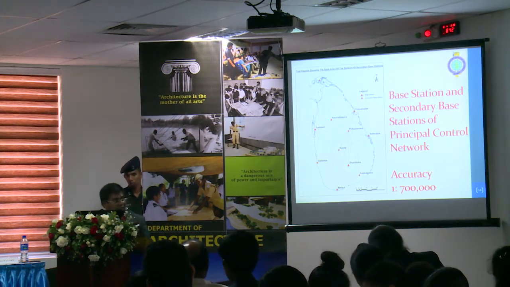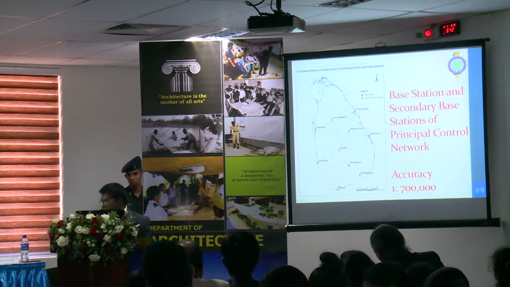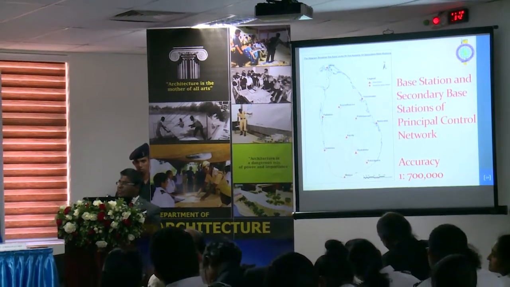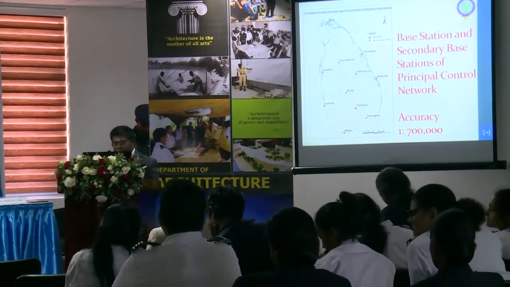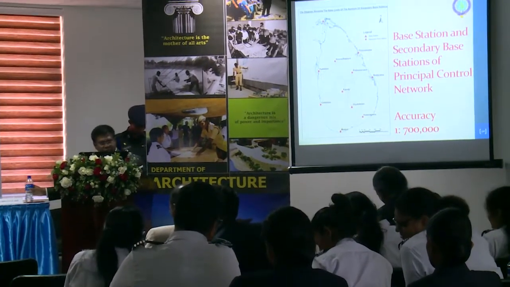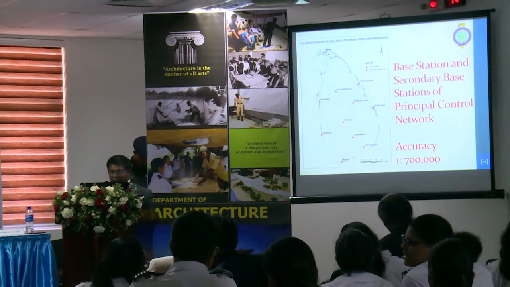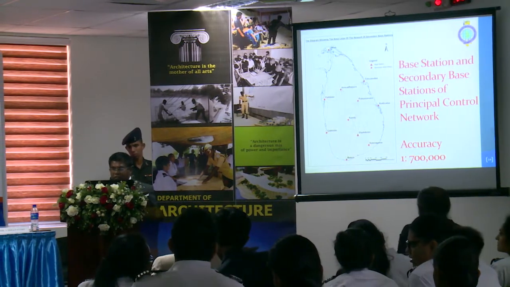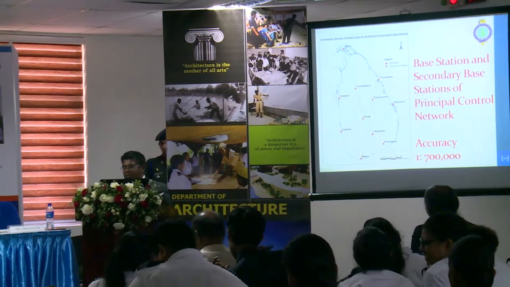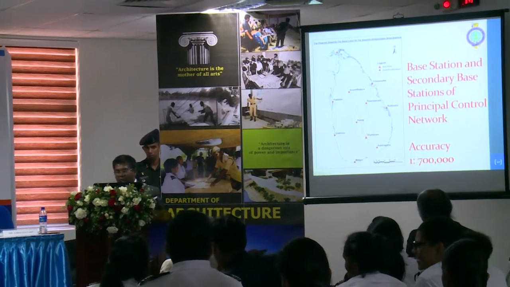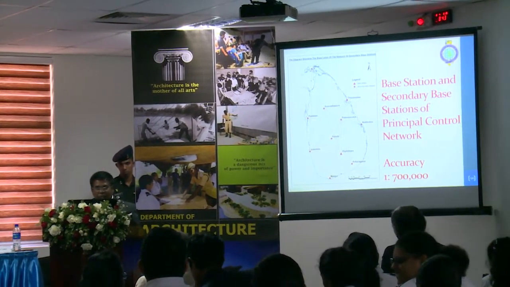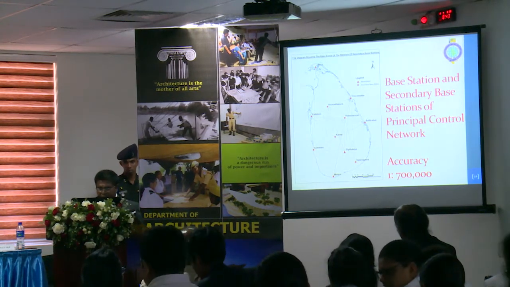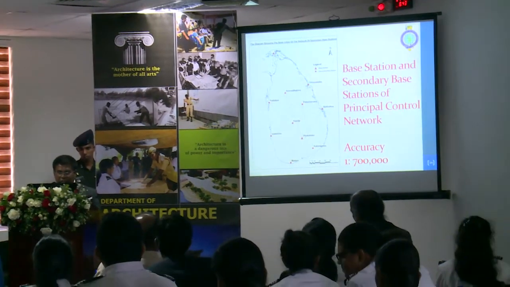There are two networks. This is called the principal network, consisting of 11 points, placed in different parts of the country. This network was adjusted using the GPS baselines, and the accuracy improved up to 1:700,000. There are only 11 points.